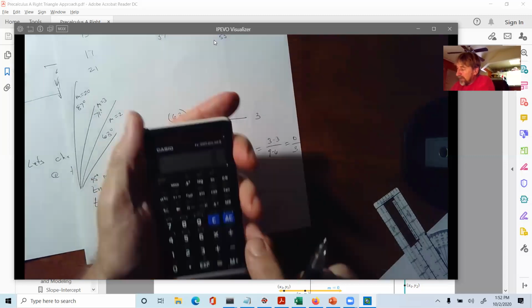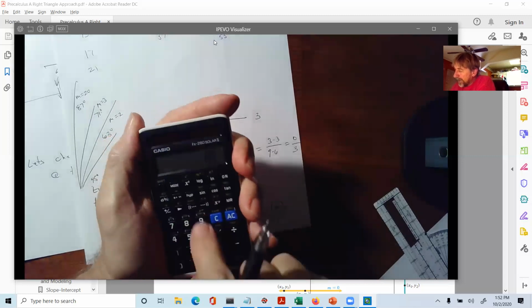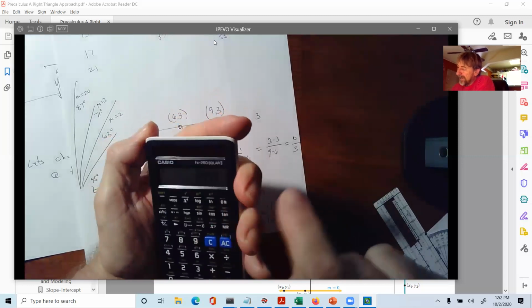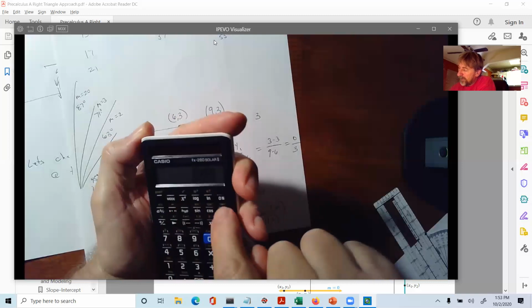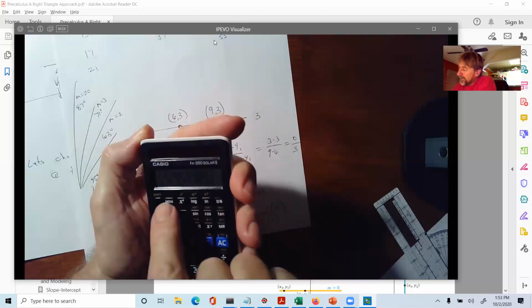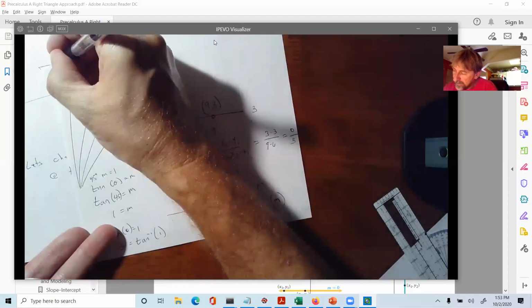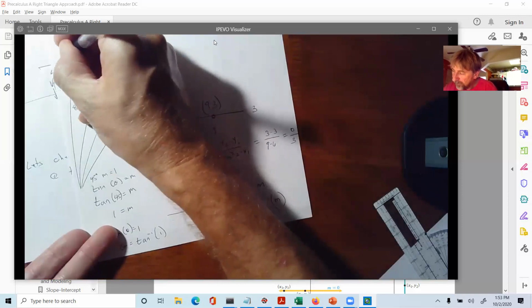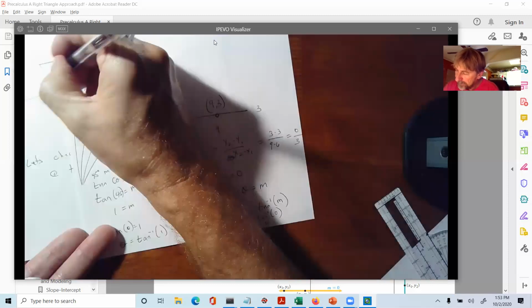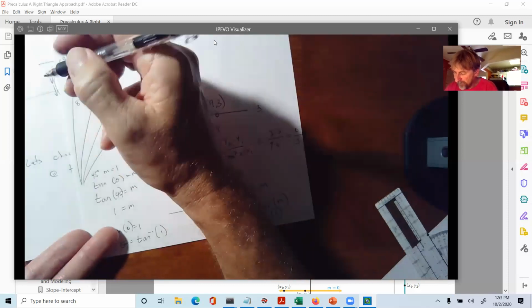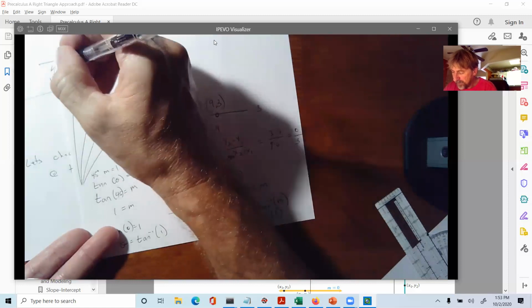So let's get the number real high, 89.99 degrees. What's the tangent of that? 5,729. So if I got an 89.99 degree angle, my slope is 5,730.